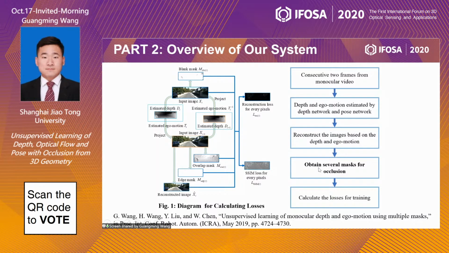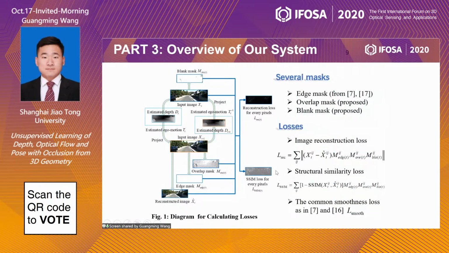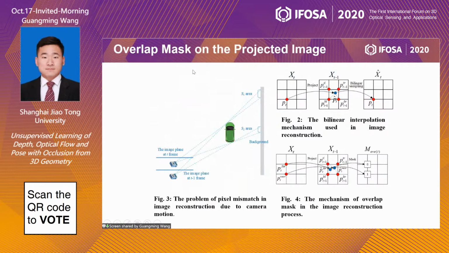At the same time, we can obtain several masks for occlusion, like the black mask, overlap mask, and edge mask. Finally, we calculate the losses. We use the image reconstruction loss, the structure similarity loss, and the smoothness loss. So we introduce the masks in detail.